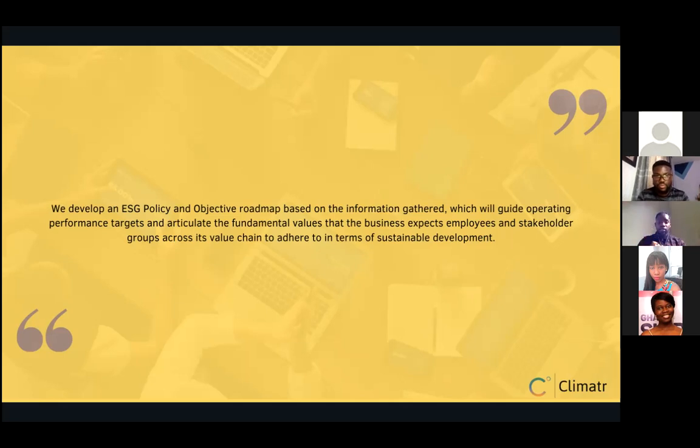So the point is, at this point of the process, what we now do is to identify all the risk factors that have been identified across the environmental sustainability, social sustainability, and then governance issues that is a threat to us as a business. Then we use that information to create an objective that is realistic and also time bound, right? So this is very important for us at this stage.